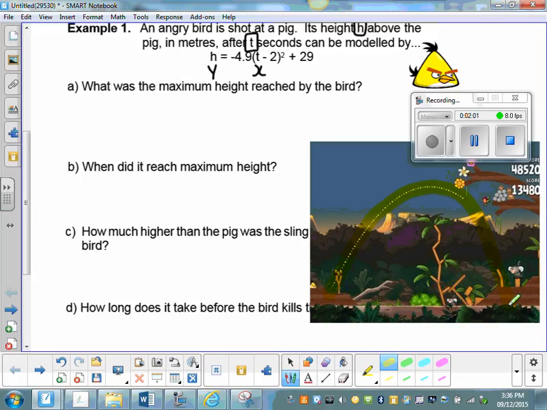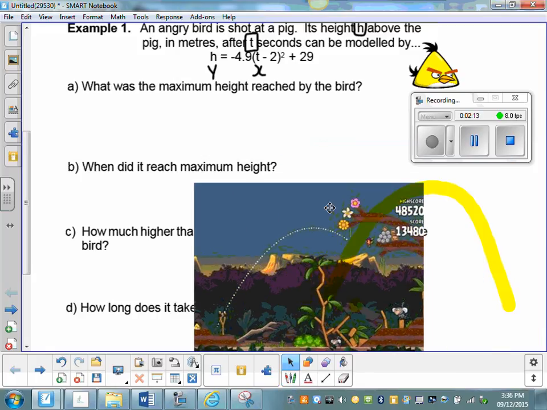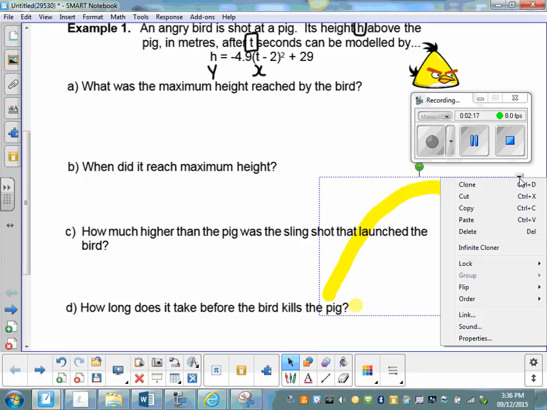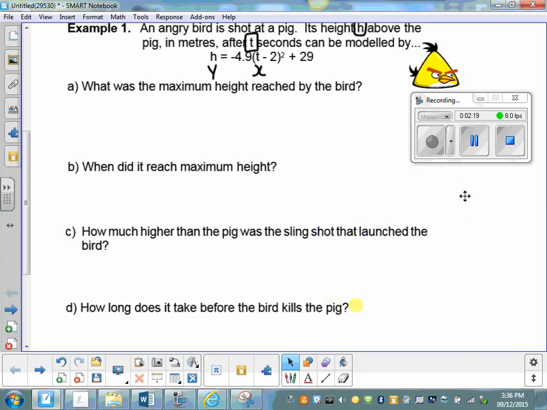Okay, it's a parabola shape, and the whole game is based on that pattern. So we're going to take a look at this example that involves Angry Birds.